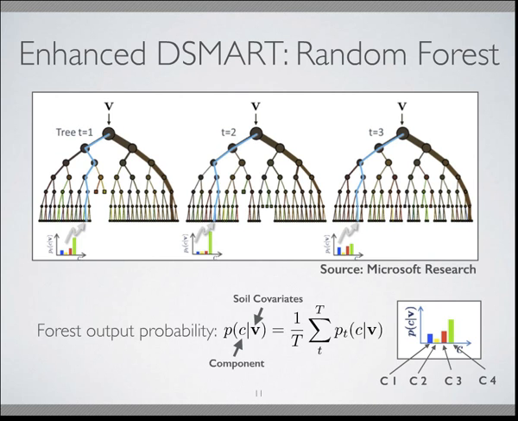And so you fit your decision tree to a subsample of the data. So you fit N decision trees. And then you effectively compute the average probabilities of each of the leaves at the bottom of the decision trees. And so here's our enhanced DSMART. And what we did then is directly apply this now to our test case scenario over the upper Mississippi.